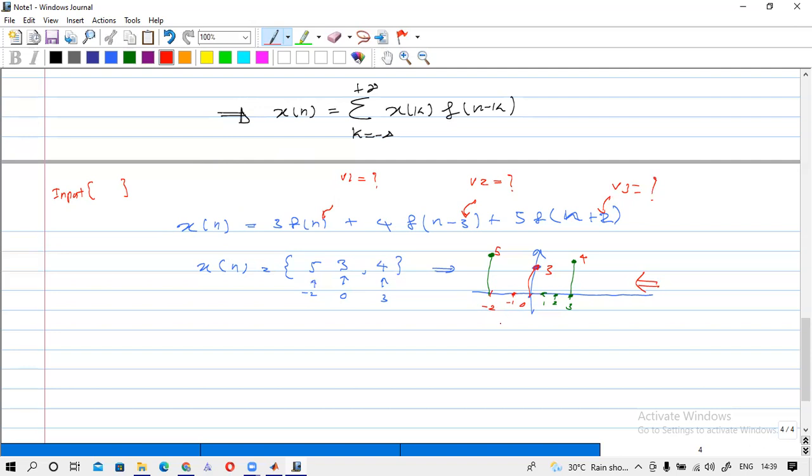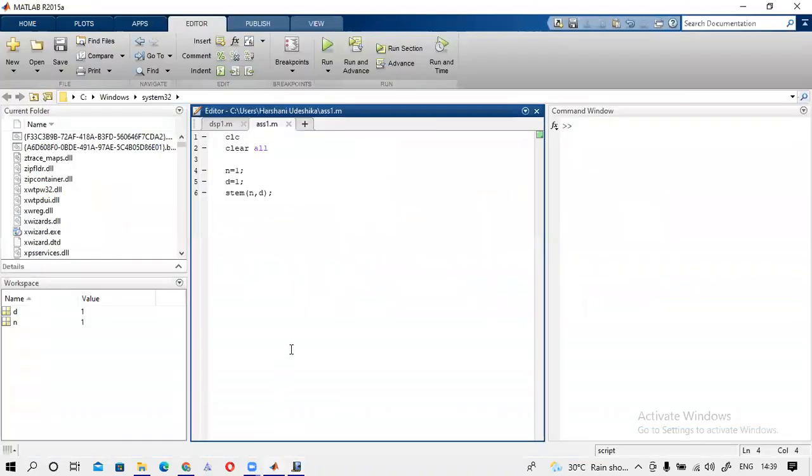Then also you can generate this kind of signal, if you want to do it like this. But here there is no need to go like this. You can directly plot this. I will tell it again when I use Matlab.